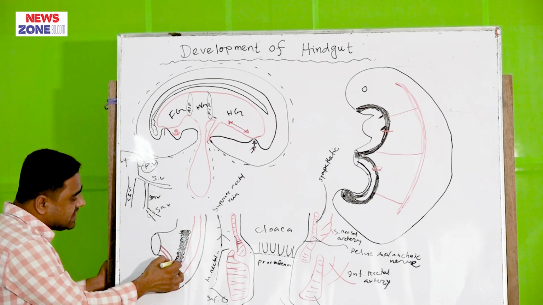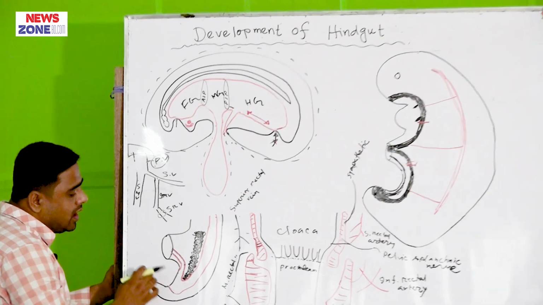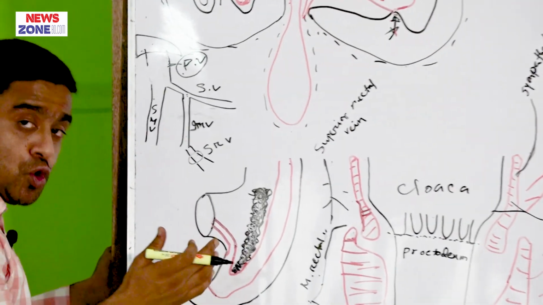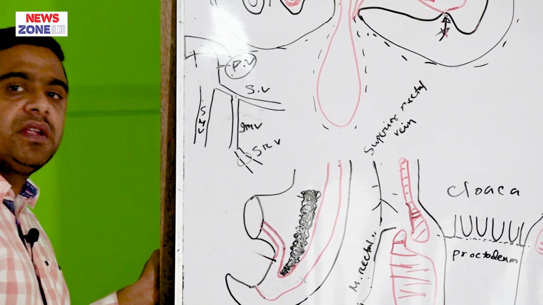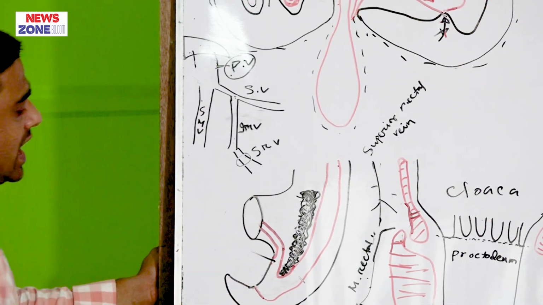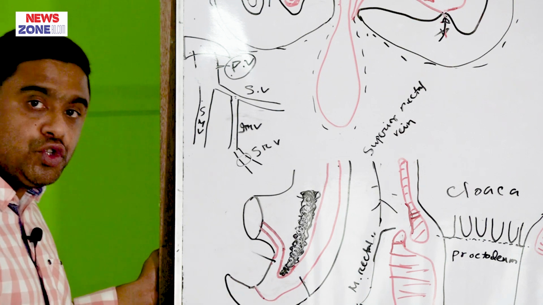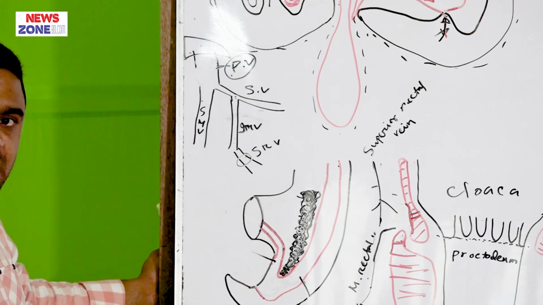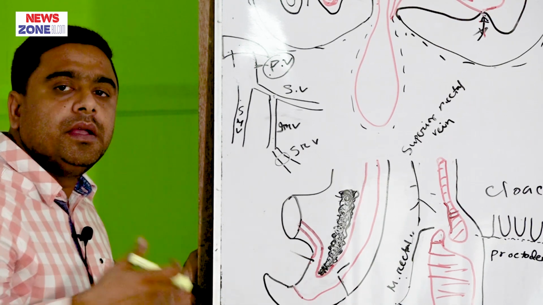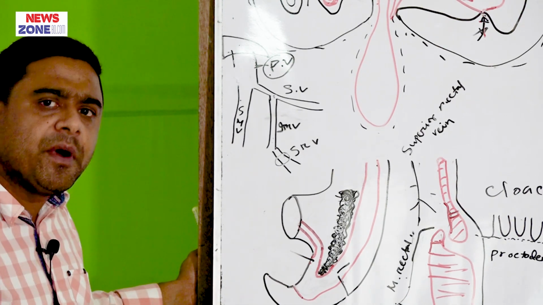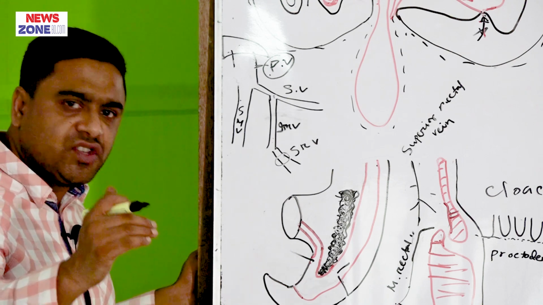This urorectal septum divides the cloaca into two parts, the ventral part and the dorsal part. The ventral part is called the urogenital sinus, and the dorsal or posterior part is called the anorectal canal, which ultimately forms the rectum and the upper 2/3 of the anal canal up to the pectinate line.